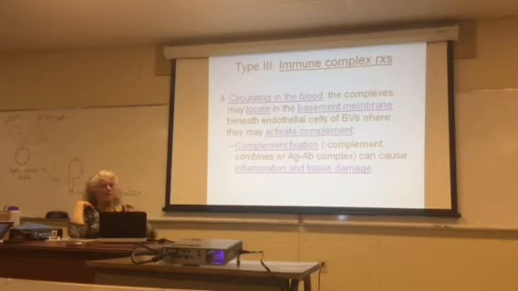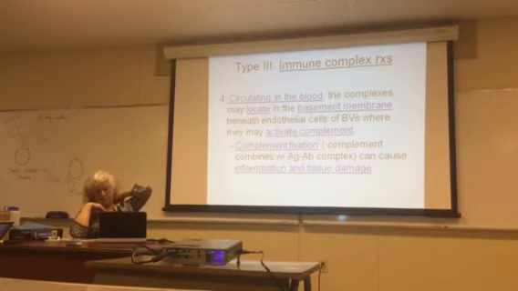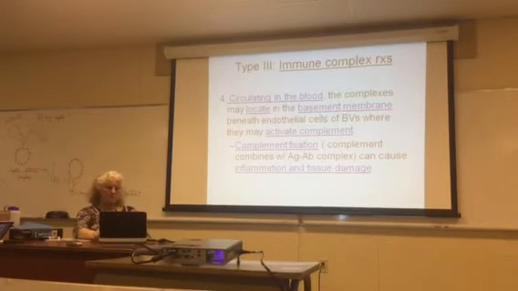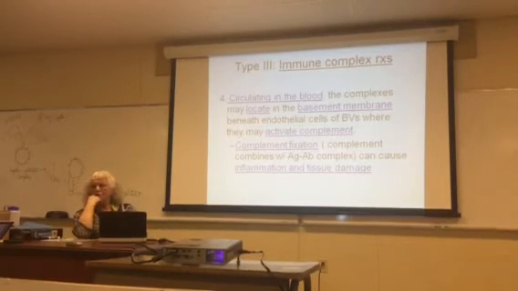If you get complement fixation, where the complement combines with the antigen and antibody complex, that can cause inflammation, which complement initiates, and it can cause tissue damage as well. So many things can go wrong with your body.